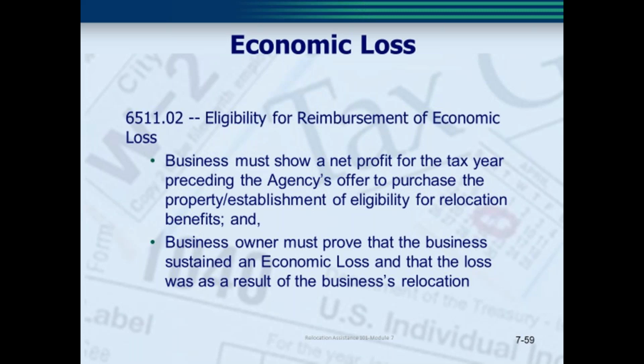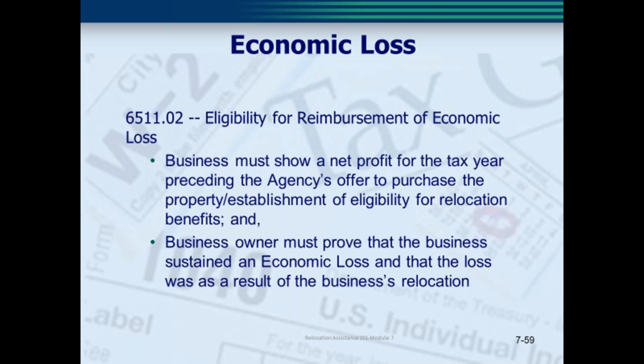The business must provide ODOT with proof of its net earnings, which would be signed copies of tax returns, certified financial statements, other reasonable evidence that is required to support a claim for economic loss. Businesses can obtain copies from the IRS for their tax return transcripts.